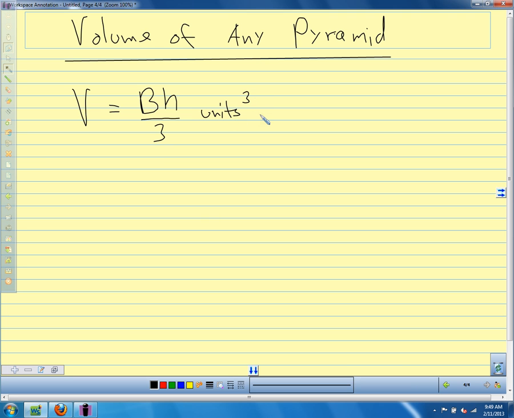So the volume of a pyramid is the area of the base times the height divided by 3.